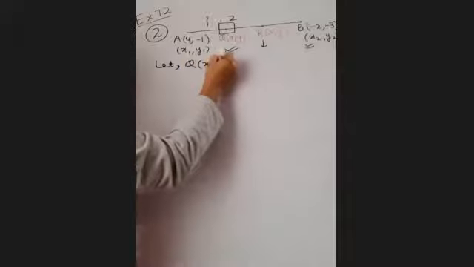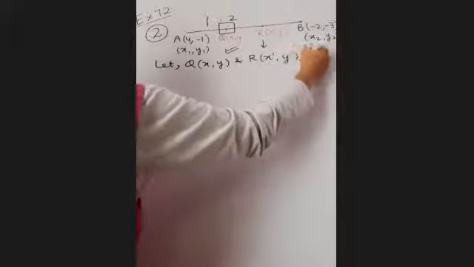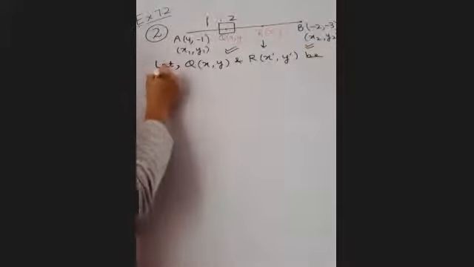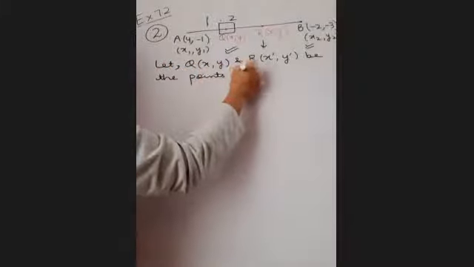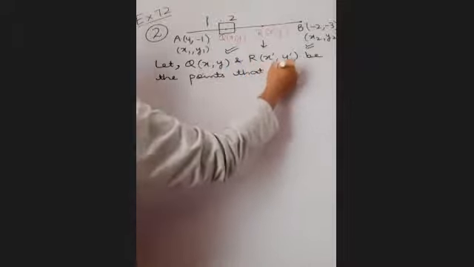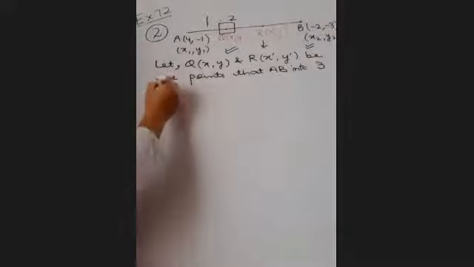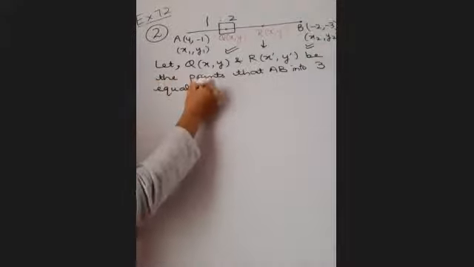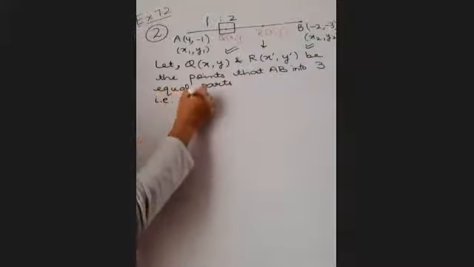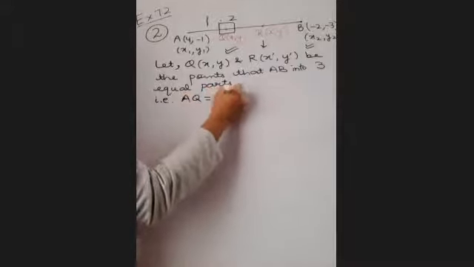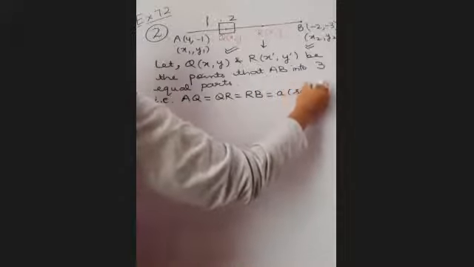Let Q (x, y) and R (x dash, y dash) be the points that divide AB into 3 equal parts, that is AQ equal to QR equal to RB equal to a.